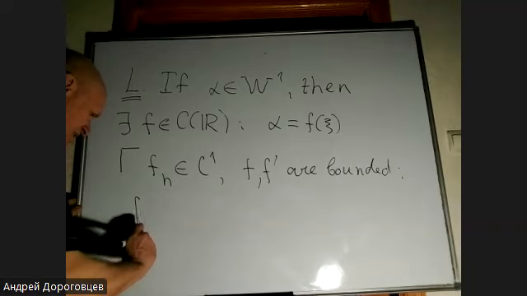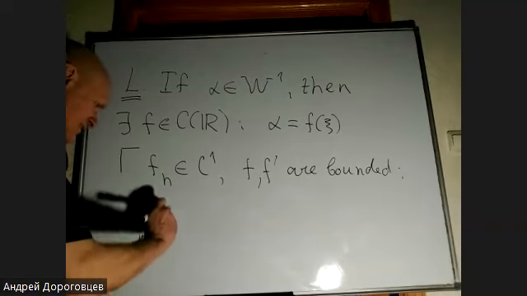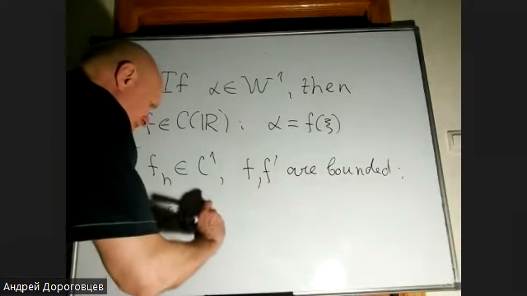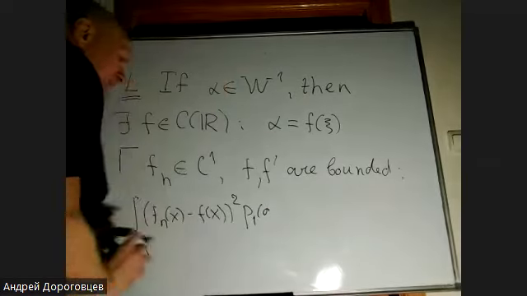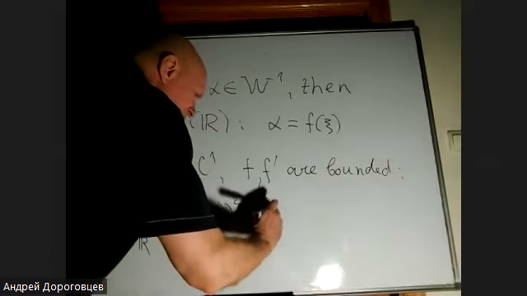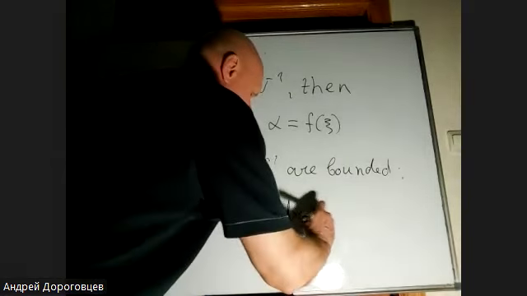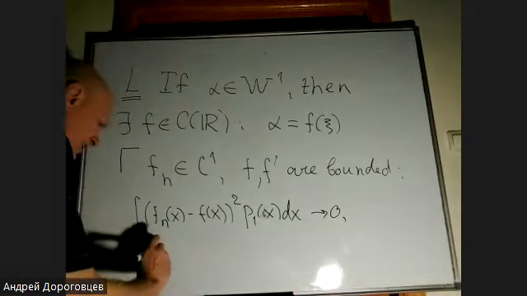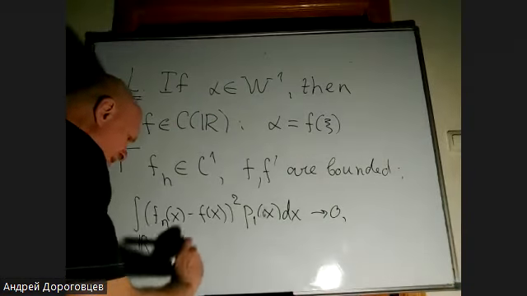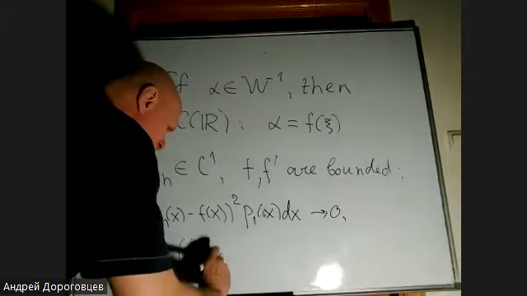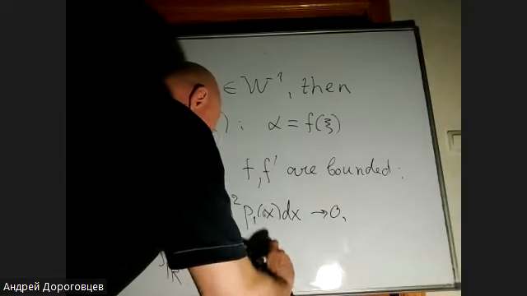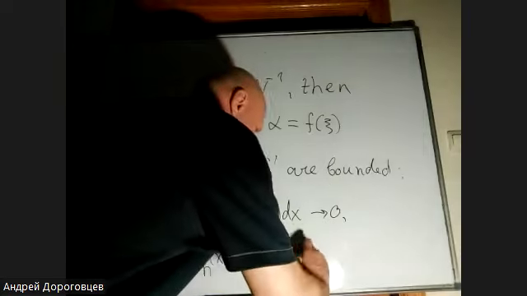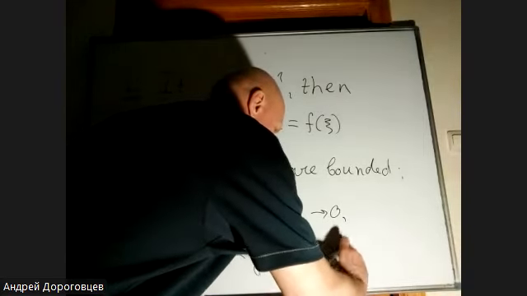Firstly, the integral over R of (fn of x minus f of x) squared times p1 of x dx converges to 0, and the integral over R of (fn prime of x minus some function, say j of x) squared times p1 of x dx converges to 0 when n tends to infinity.